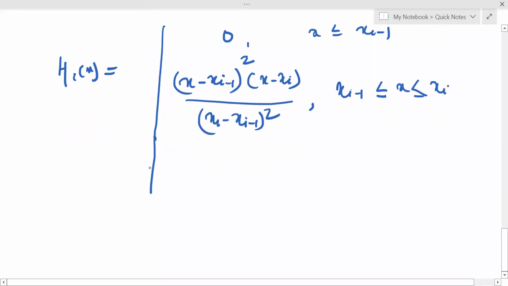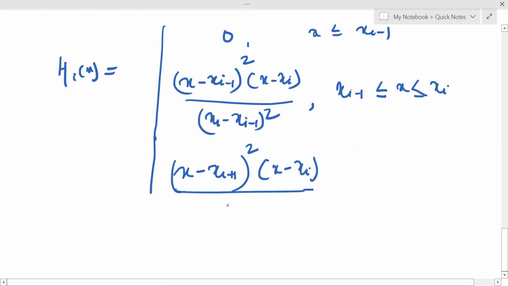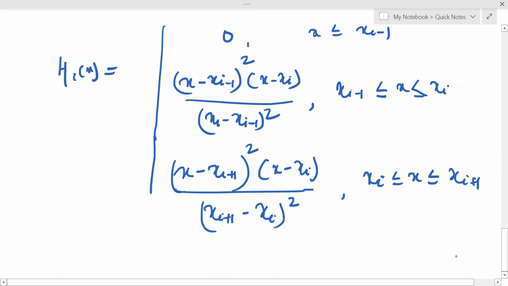Again, (x minus xi plus 1) whole square whole into (x minus xi) whole divided by (xi plus 1 minus xi) whole square, for the condition xi less than or equal to x less than or equal to xi plus 1.